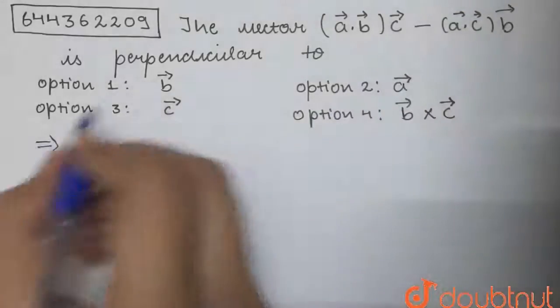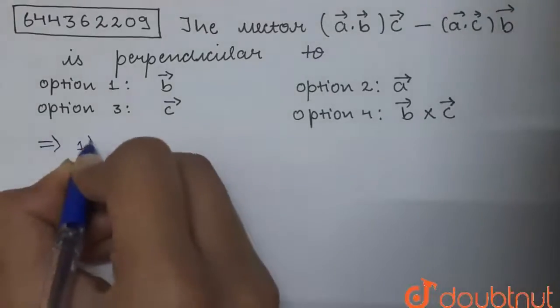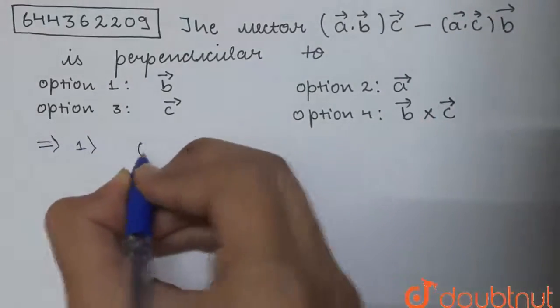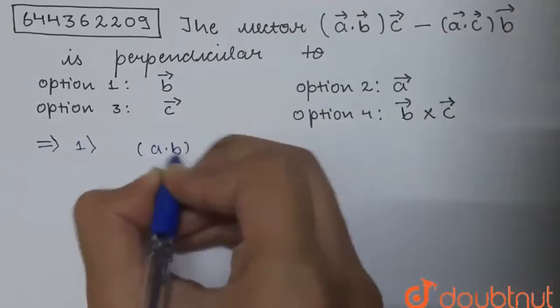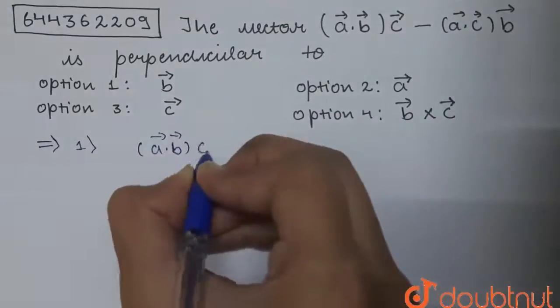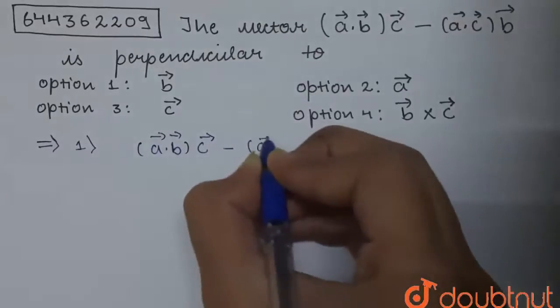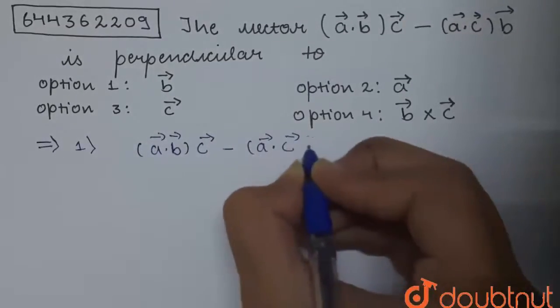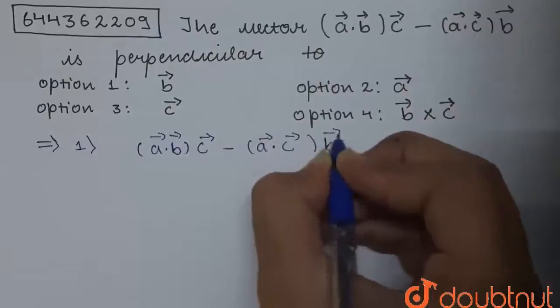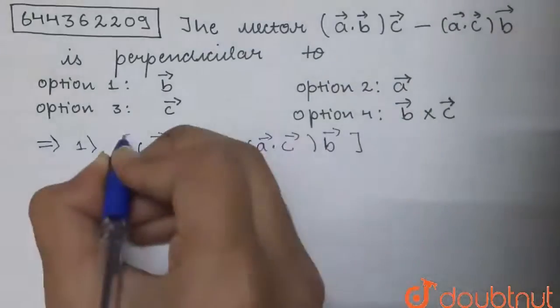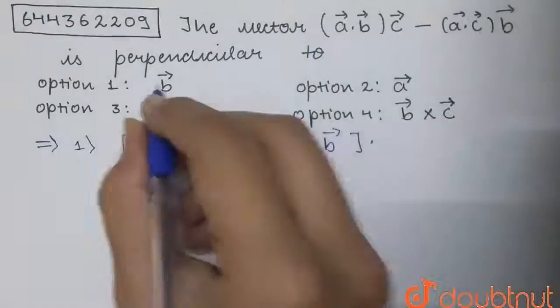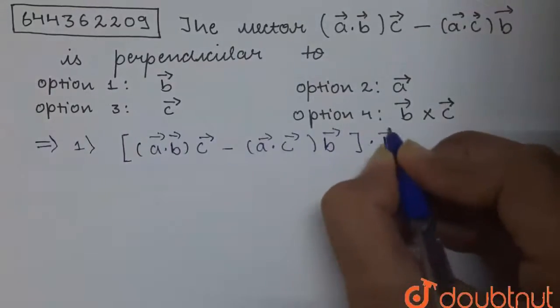So first we'll start with option number 1. We will do (a · b) c minus (a · c) b, and this whole will be in dot product with the first option, that is b vector.